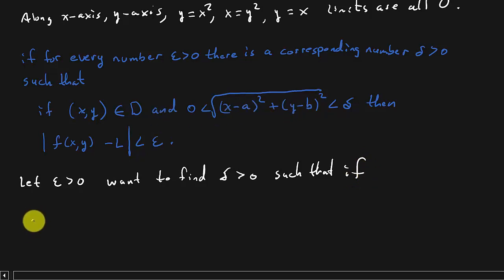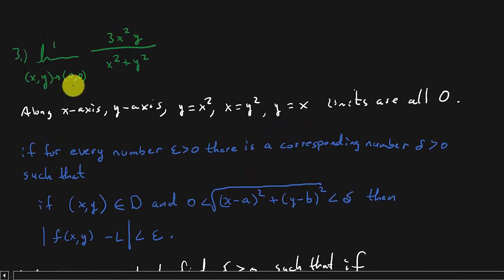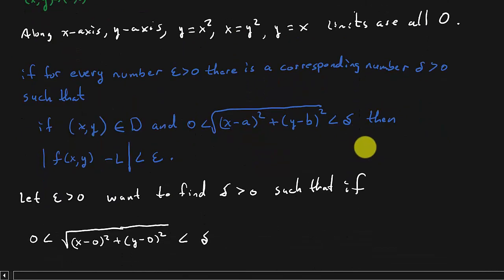We've got 0 is less than the square root of x minus 0 squared plus y minus 0 squared is less than delta. That's what it tells us. And what's a and what's b? Well, a is 0, b is 0.